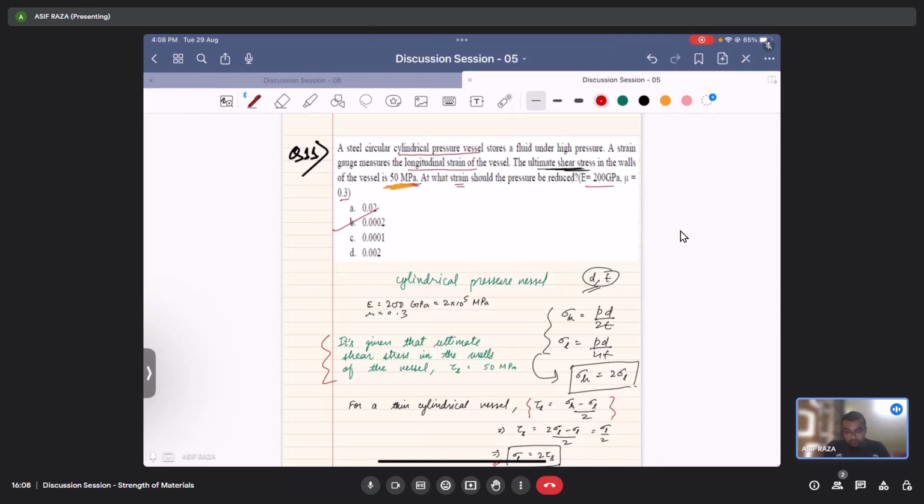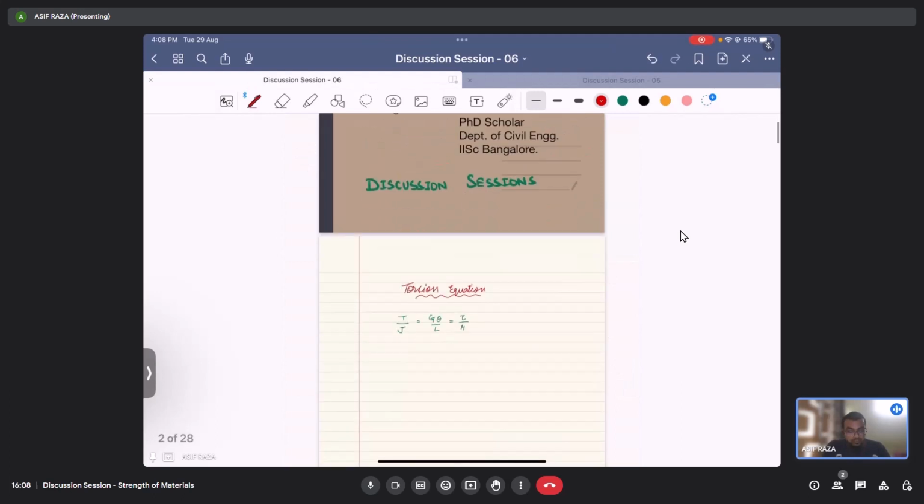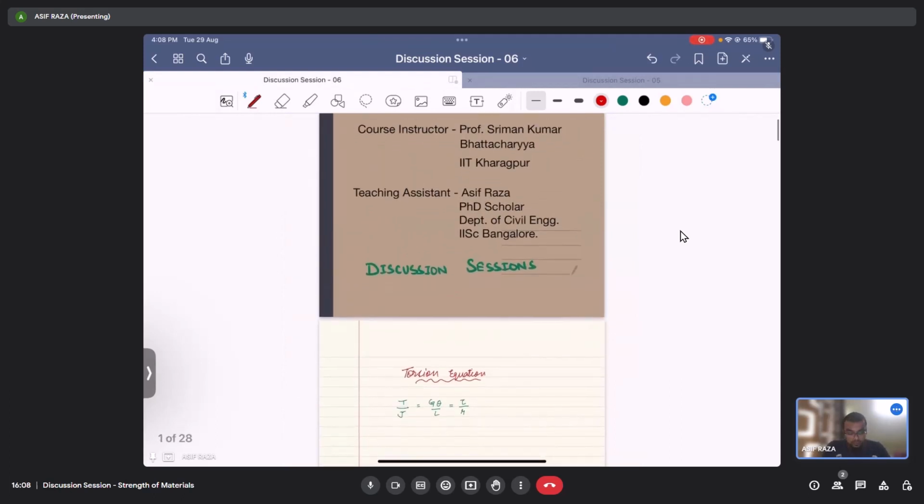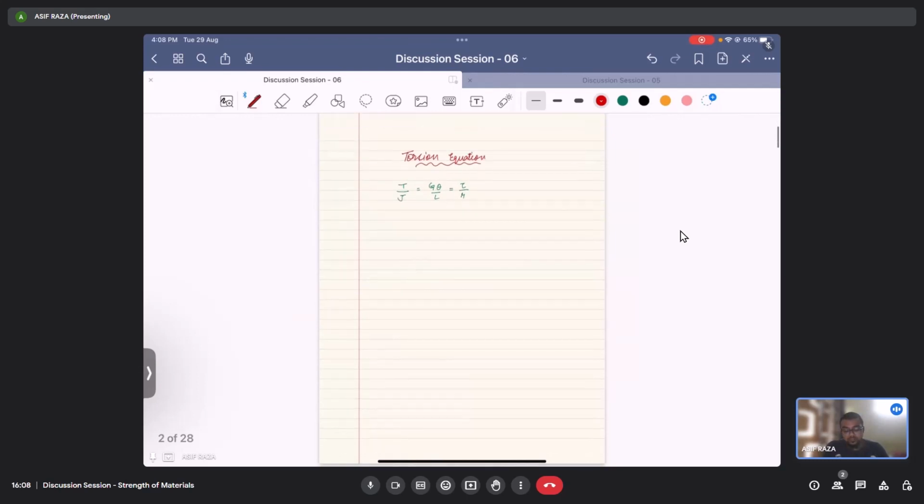Now moving on to today's session, discussion of questions relevant to assignment number 6. For this week, the most important thing is to remember the torsion equation. Here T is the torque applied, and its unit would be Newton meter, but I would like to keep it in Newton millimeter.